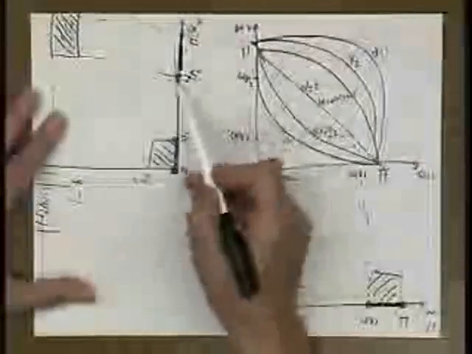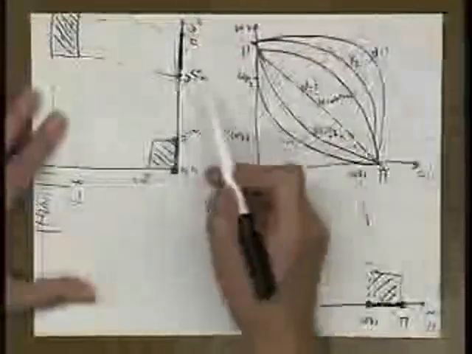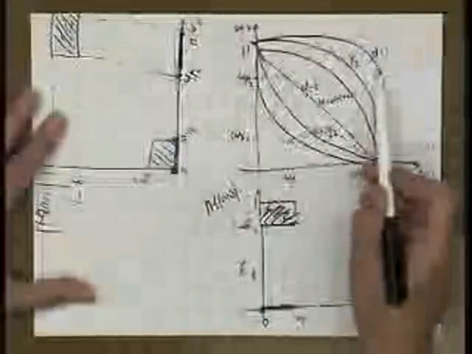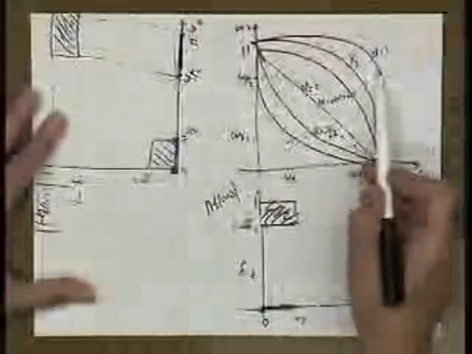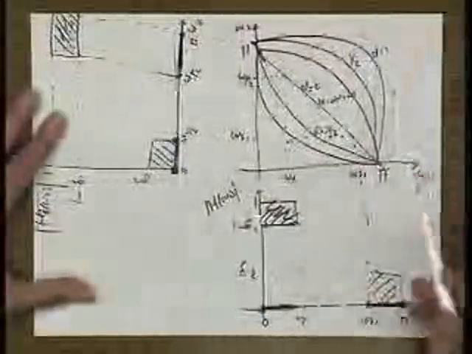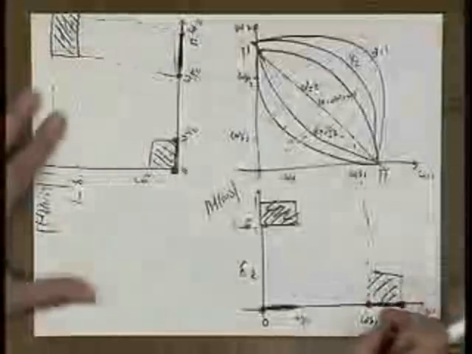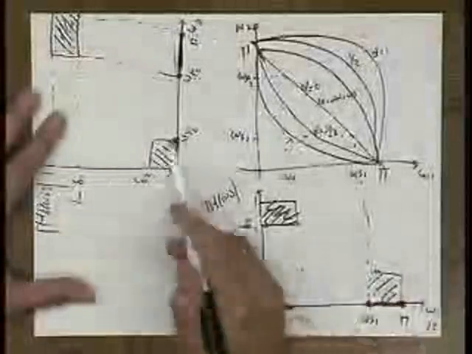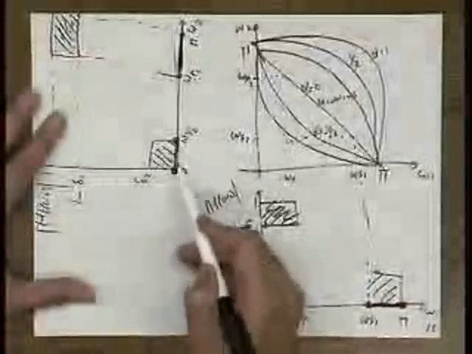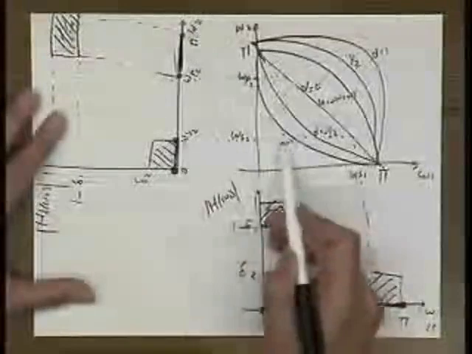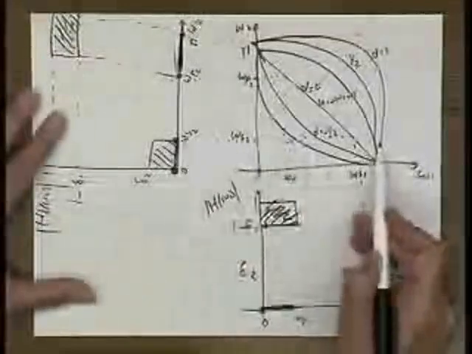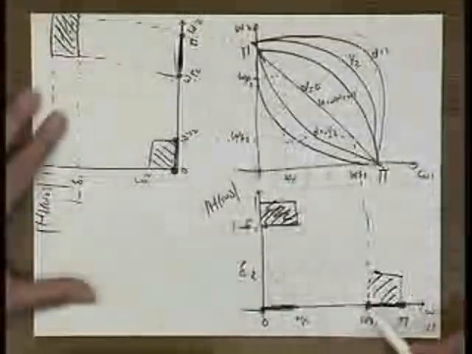So let's say alpha was equal to 1, then omega p2 would be very, very close to pi. That means this will be very close to this, so this distance will get increased, right? And this one and this one would also be very close to here.